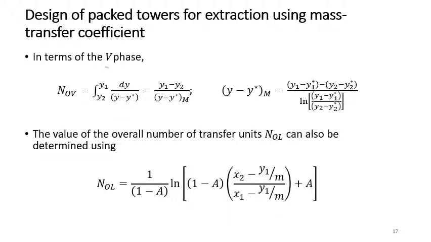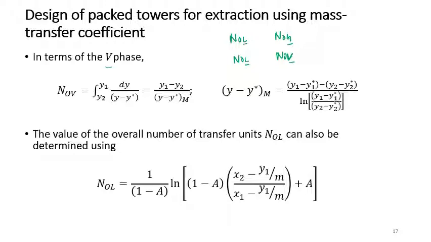Depending on where your resistance in mass transfer is mainly occurring, whether in the L phase or in the V phase, you should decide whether to use NOL or NOV. Previously in absorption you used NOL or NOG to indicate the liquid and gas phase, but here you use NOL or NOV for the L and V phase.